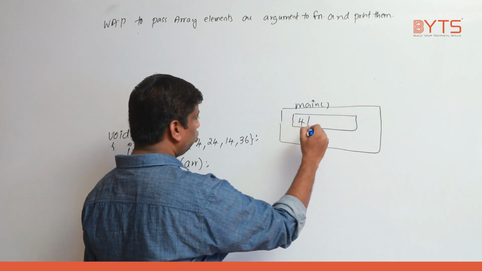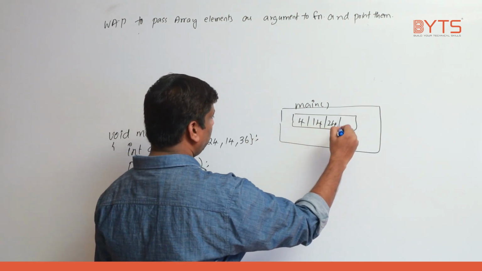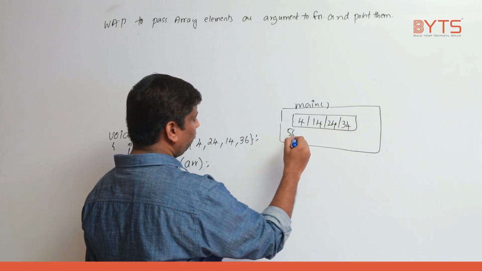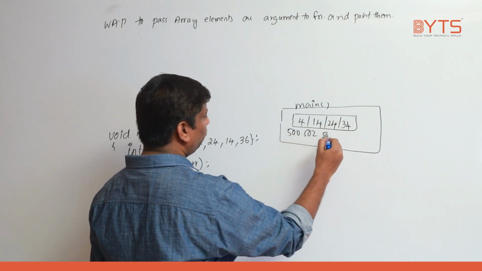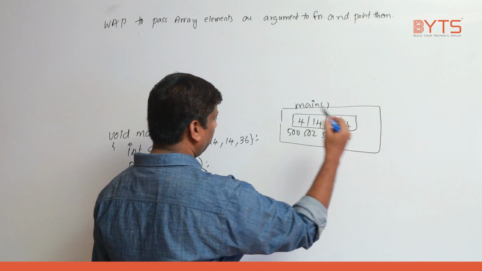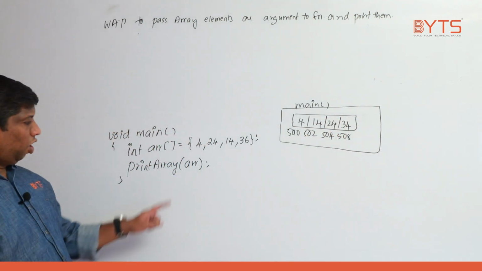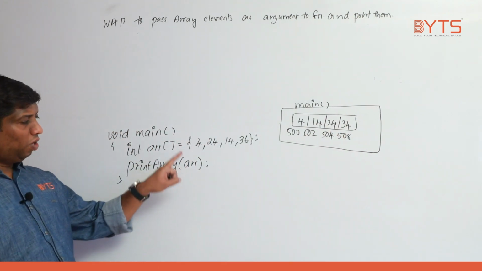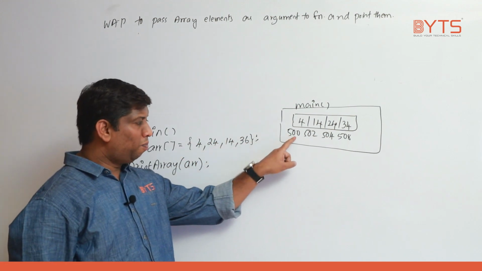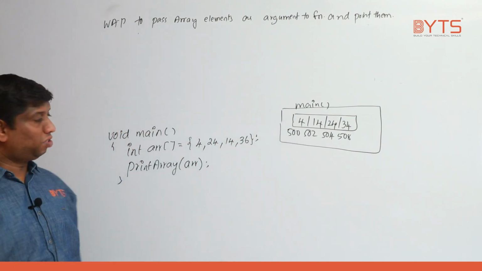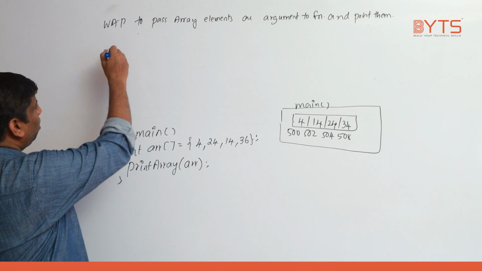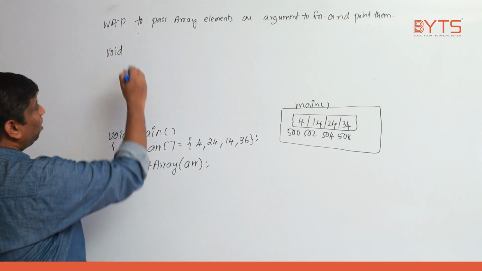First element is at 500, then 502, 504, 508. I hope this is very clear. Now arr value is how much? 500. Now I am passing 500. 500 is what type? int star. So what can you take here? void. What is the function name? printArray.